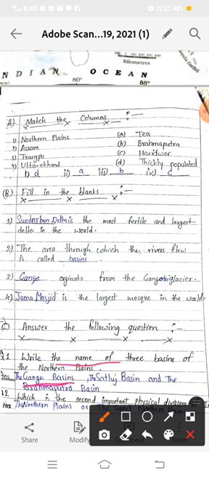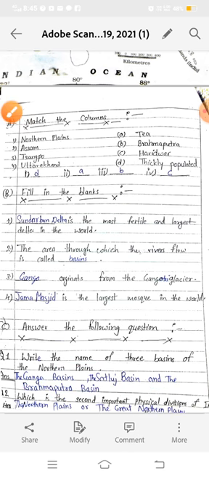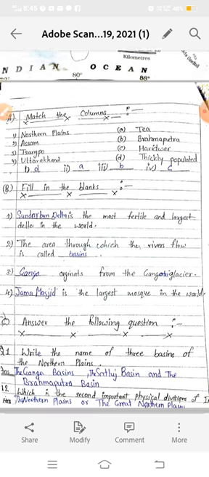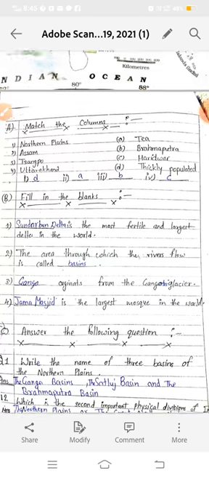The Ganga basin, the Satluj basin, and the Brahmaputra basin. And in the last, which is the second important physical division of India? This is the northern plains or the Great Northern Plains. We can say the northern plains or we can say the Great Northern Plains.